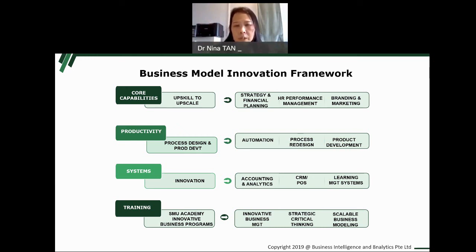So the CRM and POS, for example, my F&B client did that. Even a beauty school just did that yesterday, whereby they buy it so that they can monitor what product, what preferences, what loyalty programs, what can they do in terms of rewarding the customers. So CRM and POS does that.